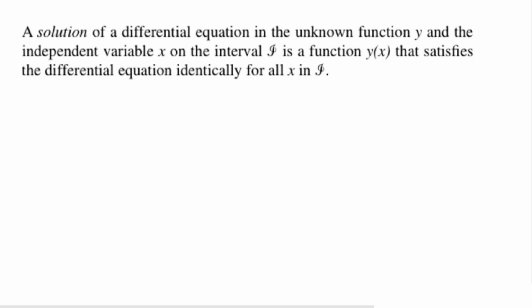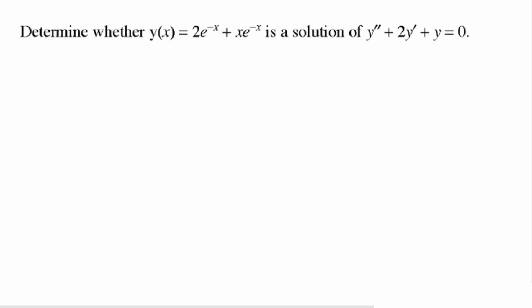A solution of a differential equation in the unknown function y and the independent variable x on the interval I is a function y of x that satisfies the differential equation identically for all x in I. So the first question is, we are asked to determine whether y of x equals 2e raised to the power of negative x plus xe raised to the power of negative x is a solution of y double prime plus 2y prime plus y is equal to 0.